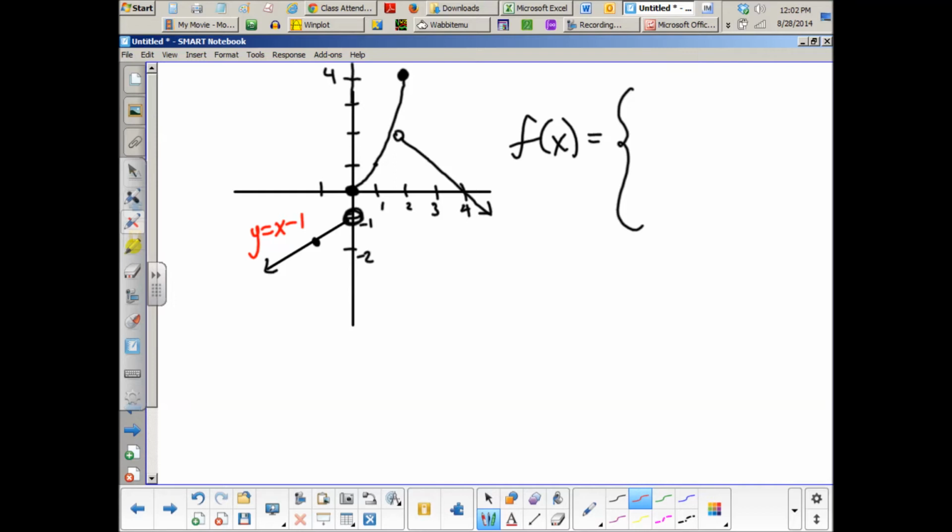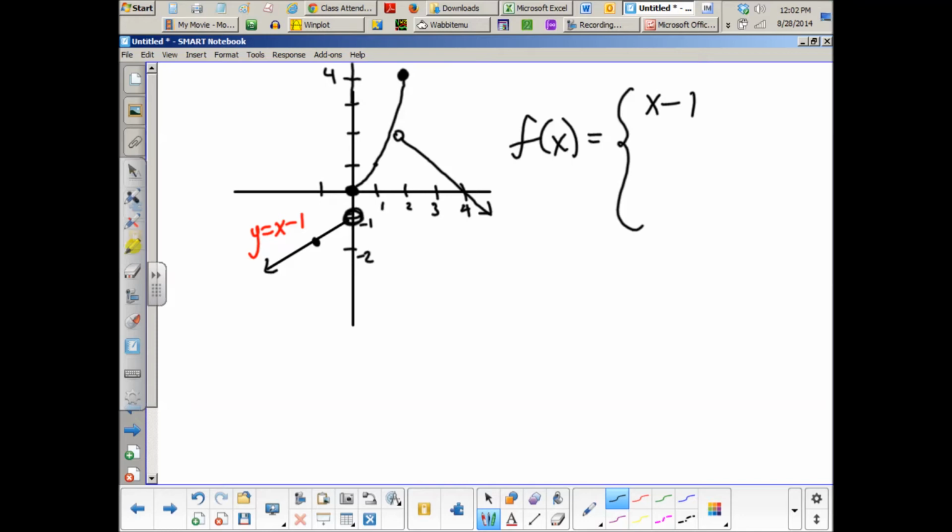So that's the equation of that line. So I've got to put that over there on my f of x. I've already written the y equals. This means y equals, so I don't need to write y equals. I just need to write x minus 1 up here. That's part of the function rule.